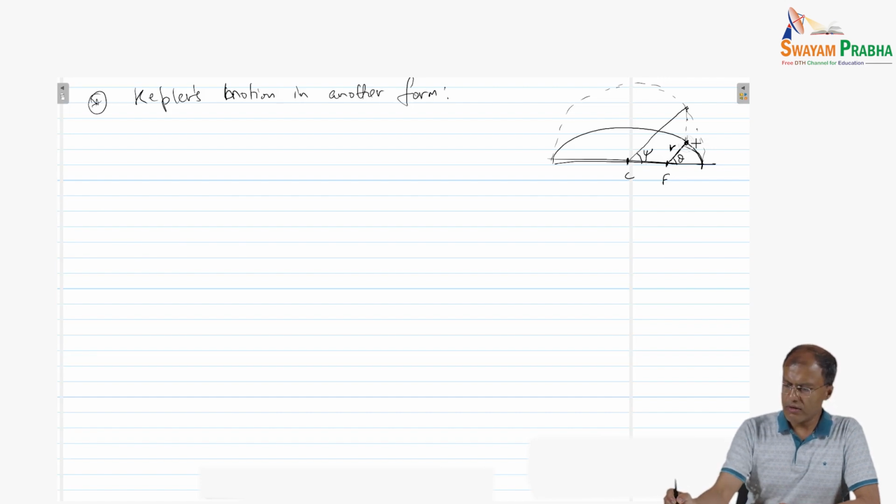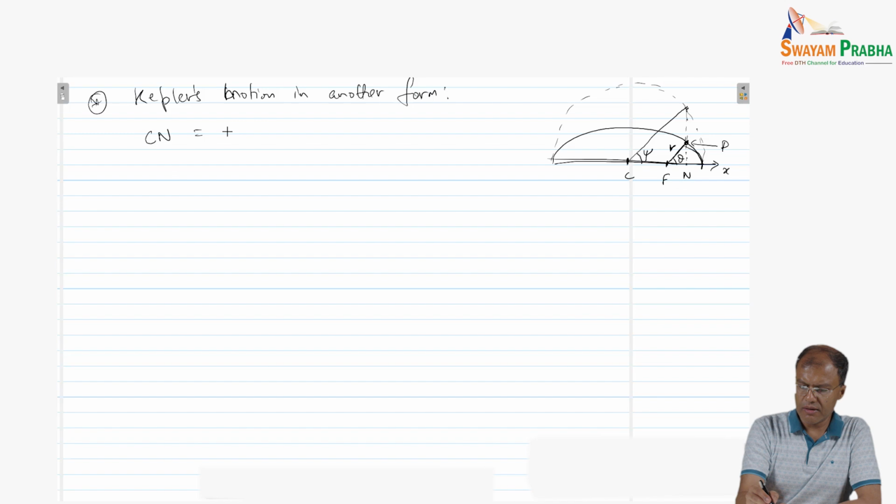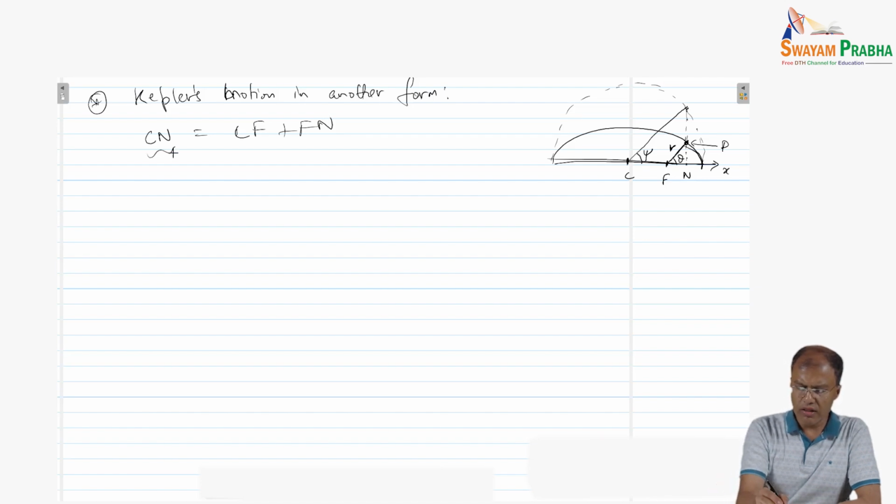So our planetary motion point is P, where the planet is at any given point of time, and let me call this C, and F is the focus, and let me call this point corresponding to P on the x-axis as N, and now we can see that my CN is nothing but CF plus FN, right? So CN is CF plus FN, and I can start to plug in all these values.